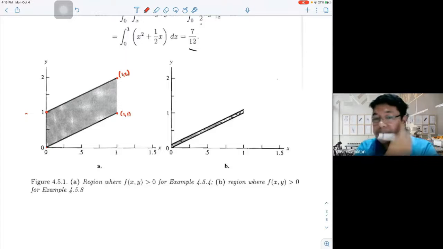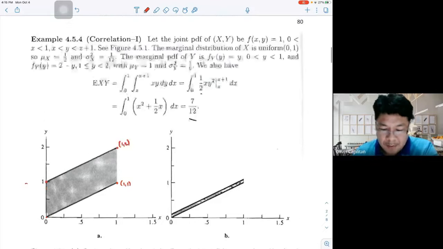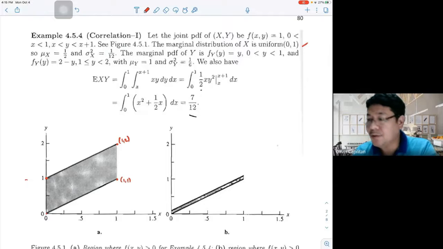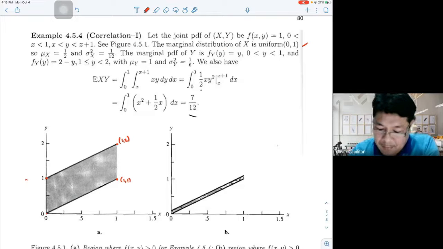It says here that the marginal distribution of x is a uniform (0, 1). Let's try to verify this. We have the joint, and it is easy to determine the marginal using the formula.